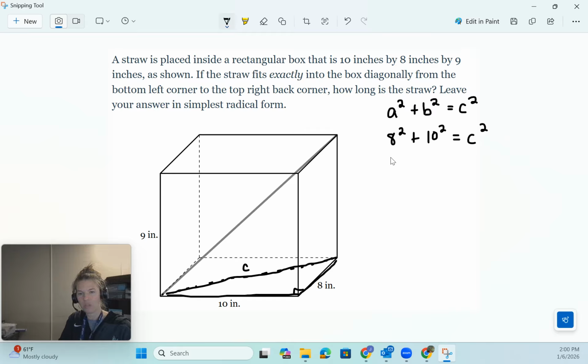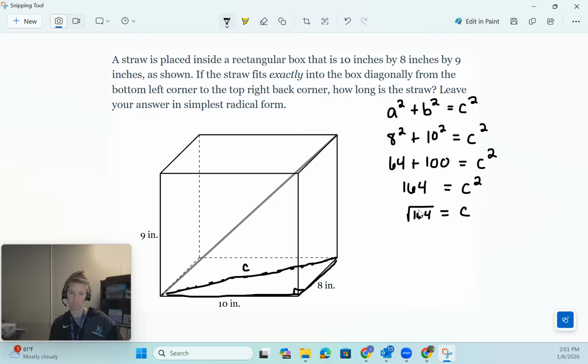As we solve this, we get 64 plus 100 equals c squared, and that's 164 equals c squared. So your solution here is the square root of 164 equals c, because we're square rooting both sides. So c right here is the square root of 164.